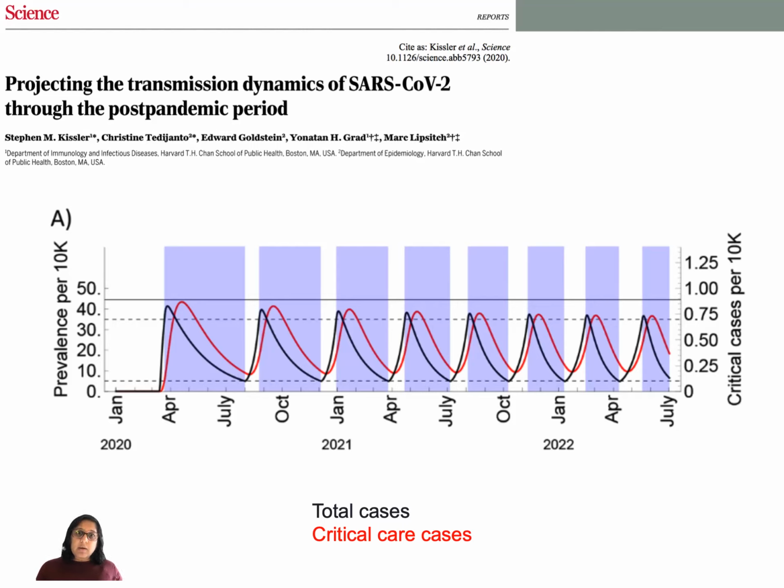The cases go up, you put the lockdown again, and they go down. And so these purple bars here are the length of each lockdown. Now, the good news is over time, the amount of time for which you have to lock down becomes less and less. But this is a long haul. We're all the way in 2022 by this point. And this is to prevent us from surpassing the hospital capacity.